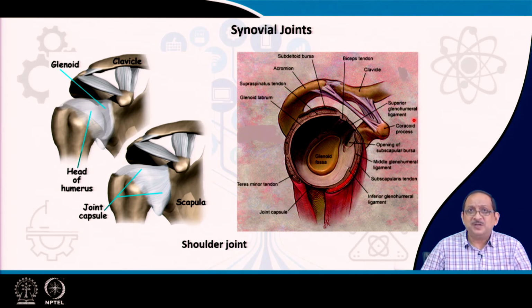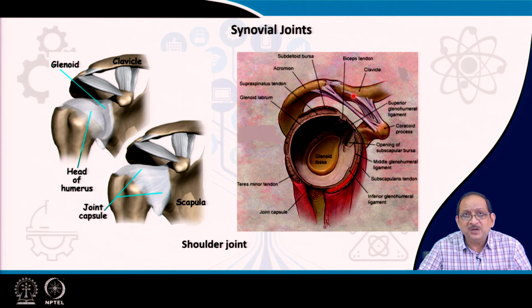Examples of synovial joints are the shoulder joint, as you can see, with the joint capsule here between the glenoid and the humeral head. So, the synovial joint is formed due to articulation of the glenoid and the humeral head.